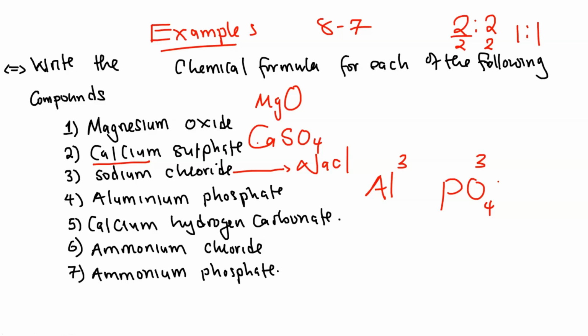So now, what do you do? You swap them. So they are the same. So you're going to have aluminium phosphate, like this. This is aluminium phosphate. Okay, so aluminium phosphate, just like that.